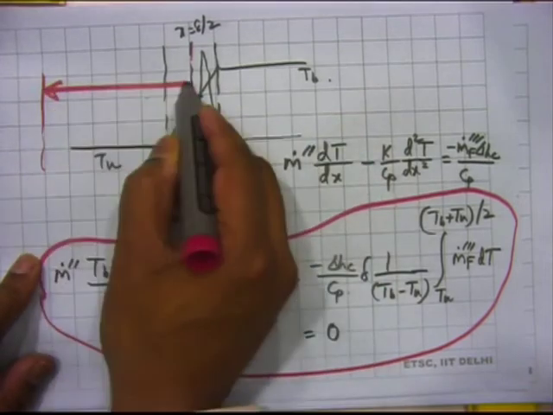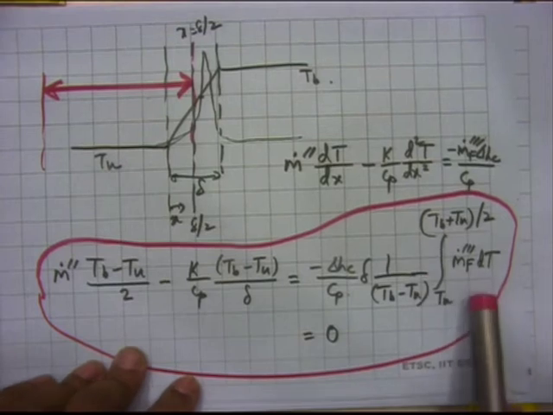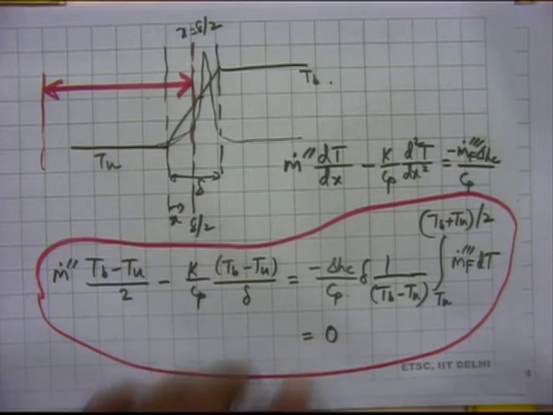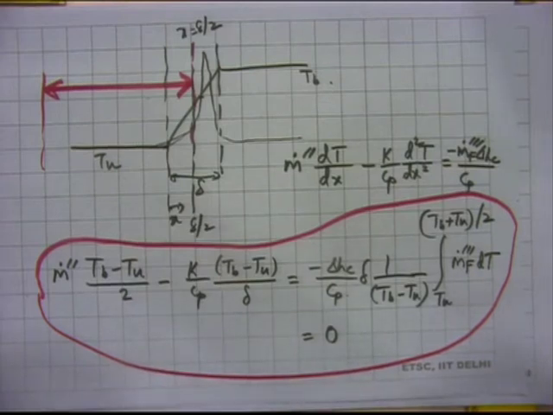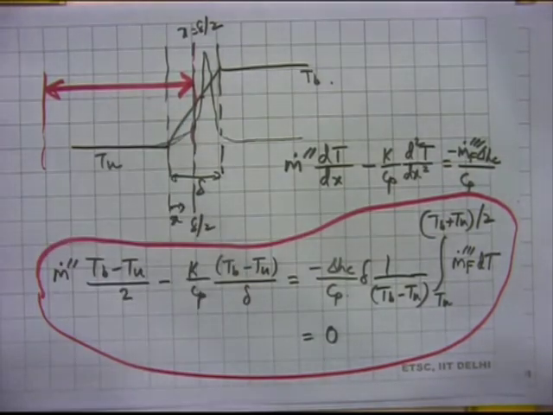So, in this region there is not much reaction happening. So, this integration will give you a very small number close to 0. So, we write this as 0. That was the argument. The physical argument was that in this zone that I marked with red, there is not much reaction taking place. From minus infinity to the mid thickness of the flame, there is not much chemical reaction taking place. That is why I am being able to write this as 0.